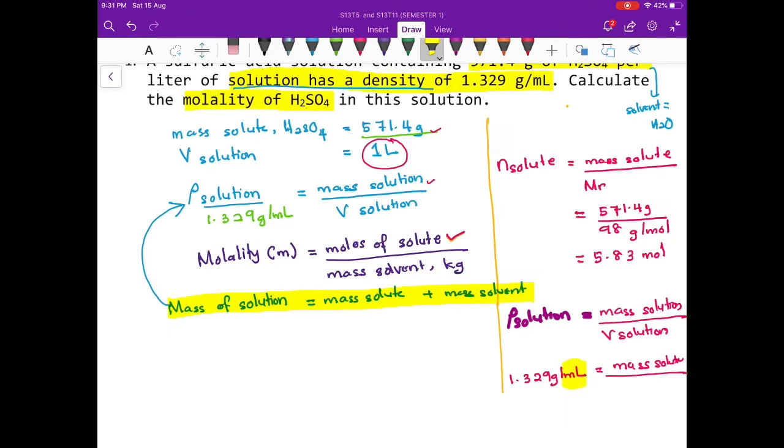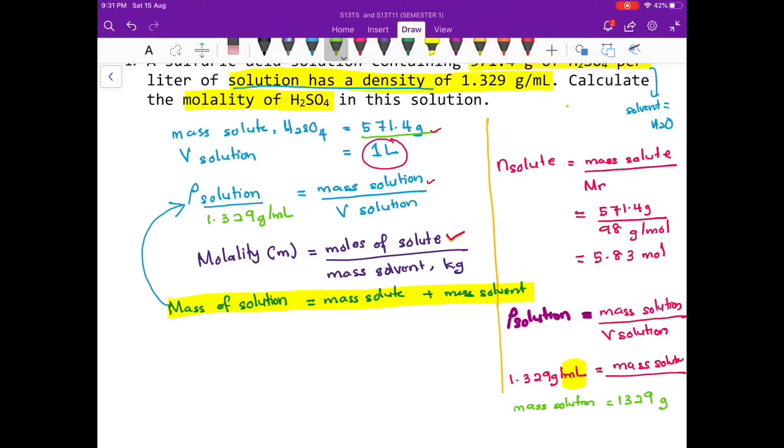So we have to convert liter to milliliter. From there, you get the mass of solution: times 1000 becomes 1329 gram.